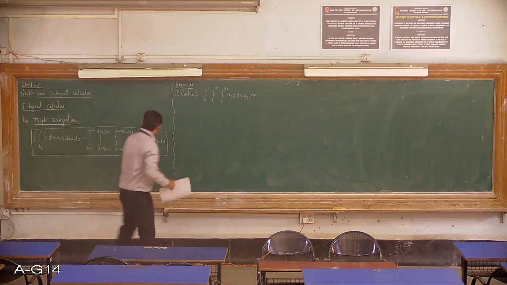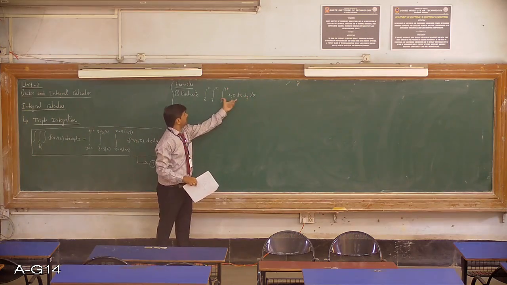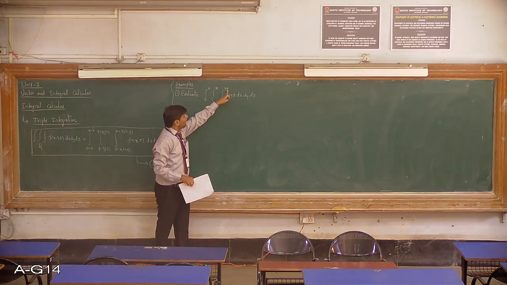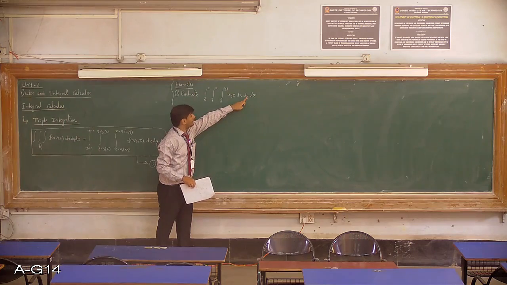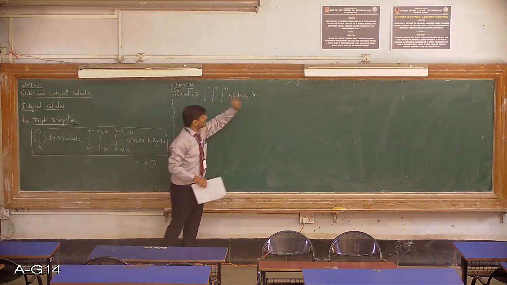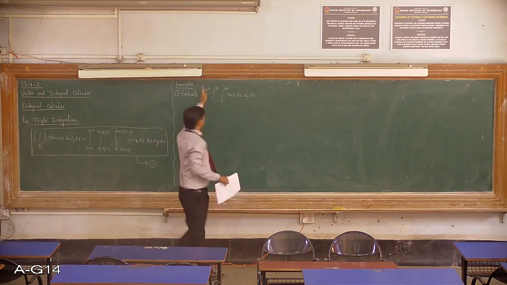See, here it is dz dy dx in the general form, but here it is dx dy dz. That means this third integration sign is with respect to x, that means x equals 0 to x equals yz. Next, this is with respect to y, that is y equals 1 to y equals z. And the last one is z equals 0 to z equals 2.